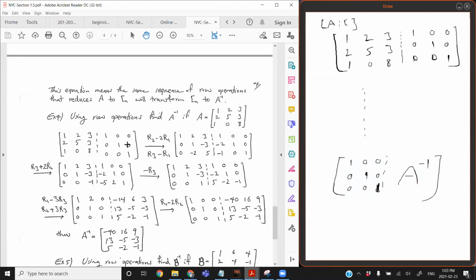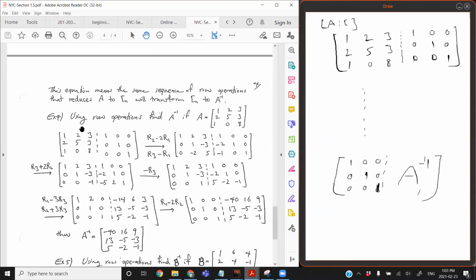So that's the method. Because as I just explained, the same row operations that you perform on A to get I, if you do the same row operations on I, you're going to get A inverse. Make sense?